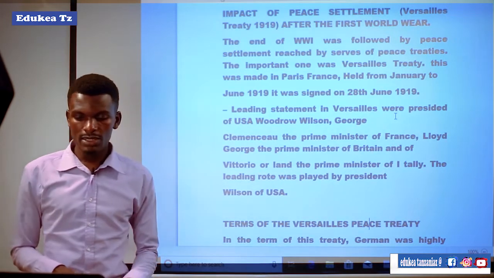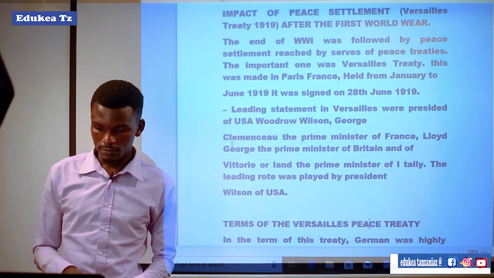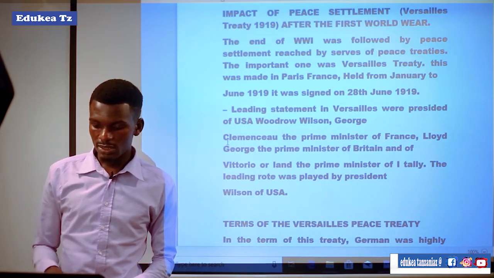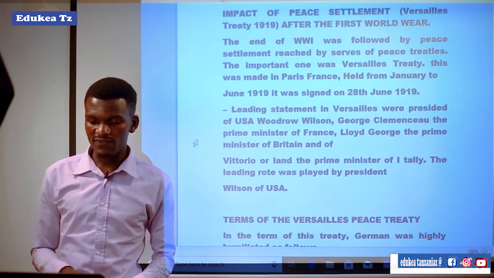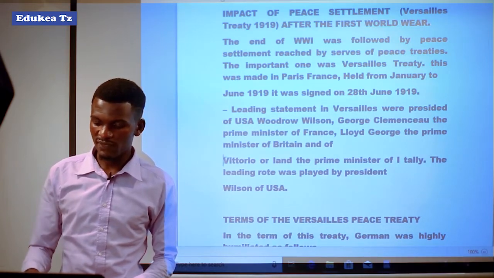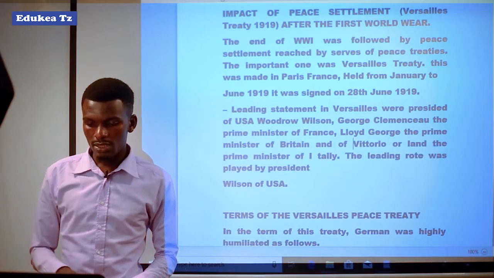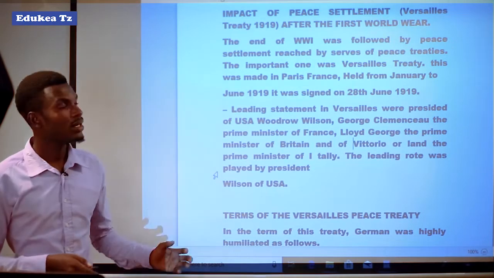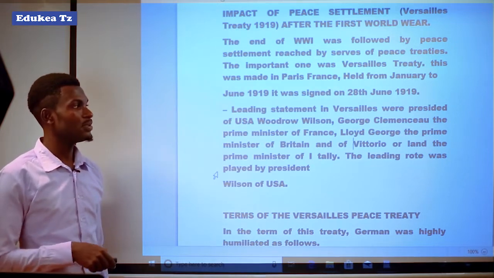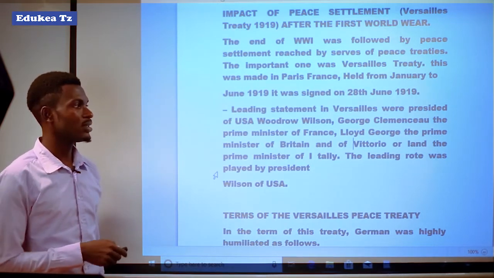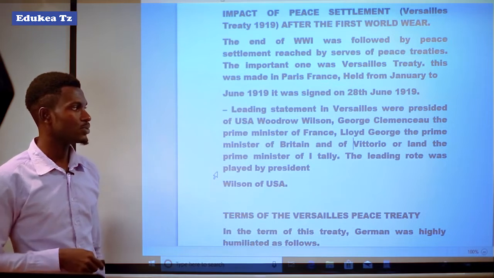These were the main leaders who attended the Versailles Peace Treaty in Paris, France, and negotiated how they would maintain world peace and security after the First World War.